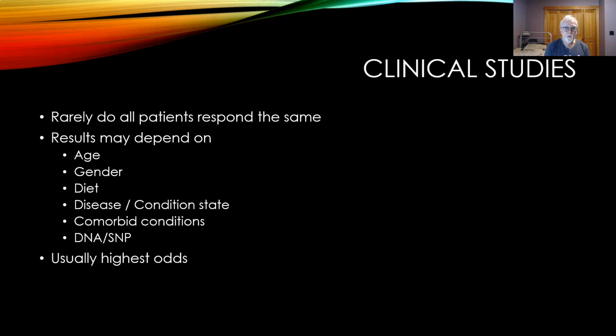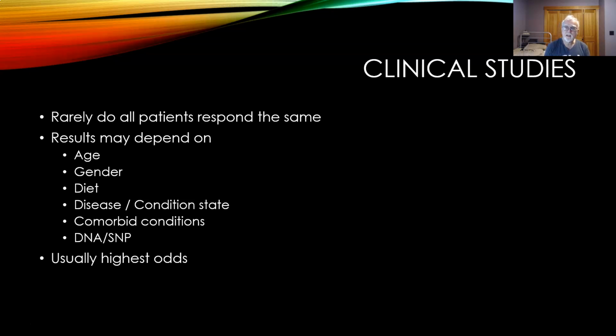Most of the time you will not get a clinical study with people with exactly one and only one condition to do it on. They look for somebody who has this condition and sort of exclude the most severe of other conditions, but you still get a hodgepodge of medical states of people in the clinical trial, which of course means that the data coming out of it is also a bit of a hodgepodge.